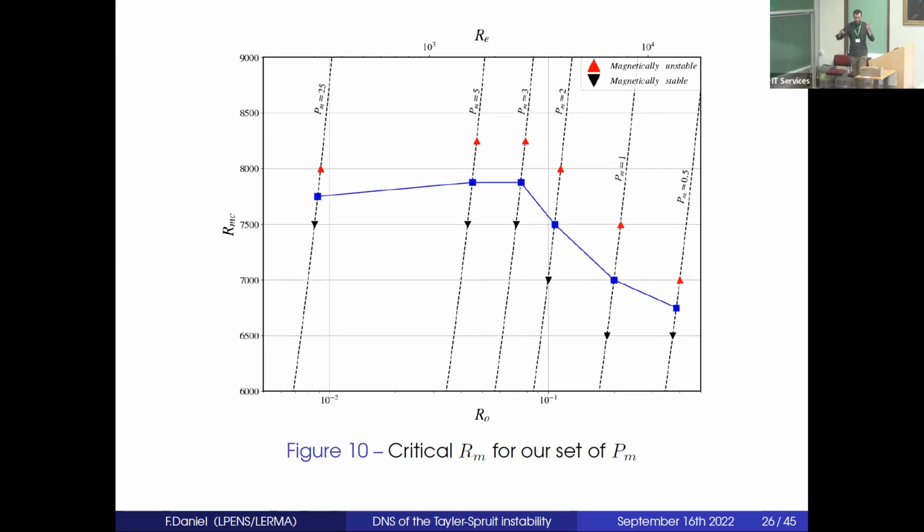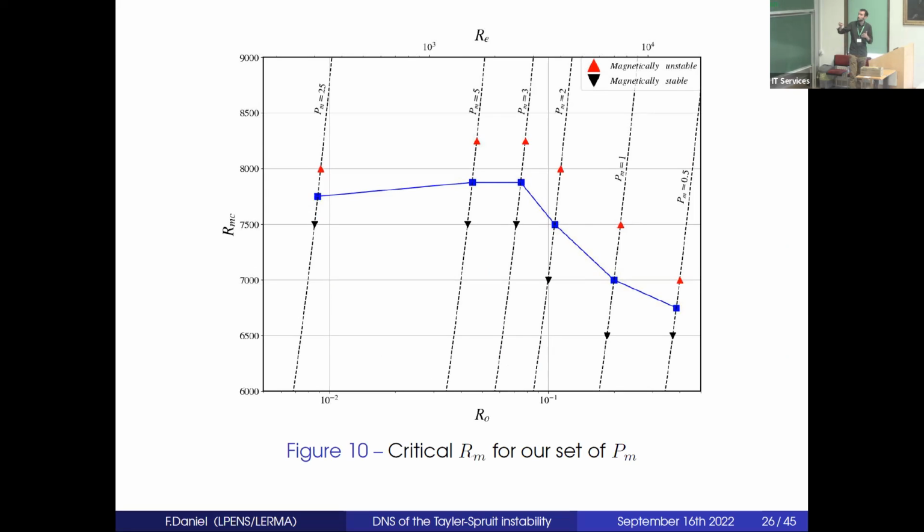And this is quite an interesting point to mention, because if you have in mind results from, for instance, Yannick Ponty or Sigfried Gissinger in the year 2000, the behavior of the critical Reynolds number with respect to the Pm number would show first a linear increase and then a plateau.